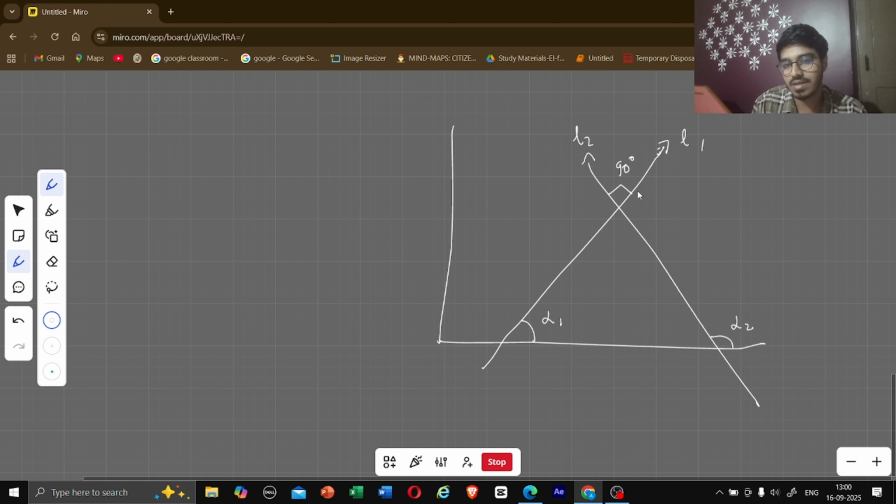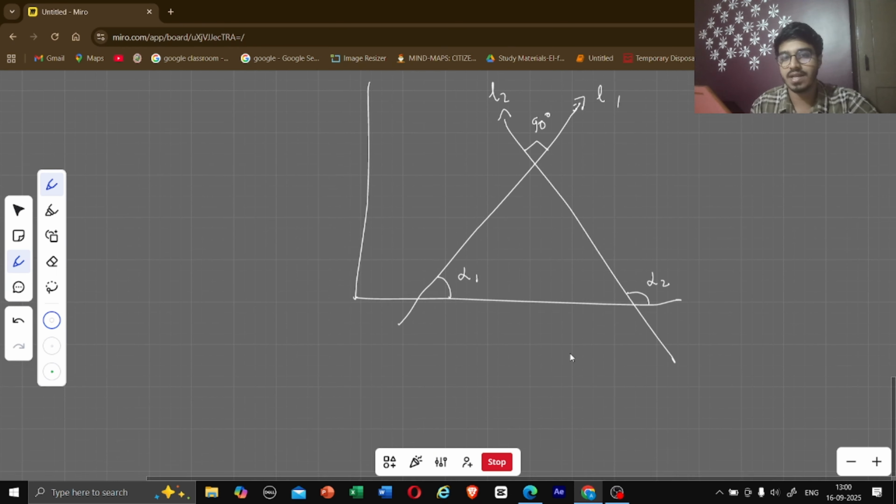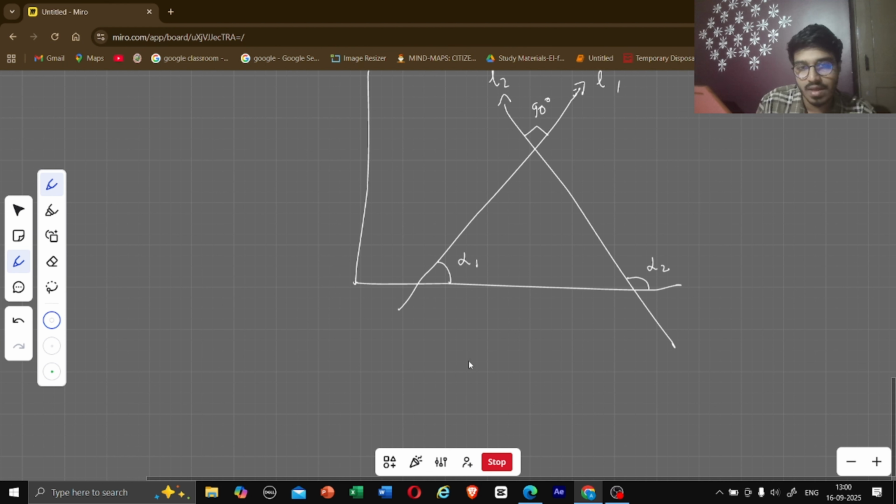What happens if we multiply these slopes? We will see it. Here we can conclude alpha 2 is equal to alpha 1 plus 90 degrees.